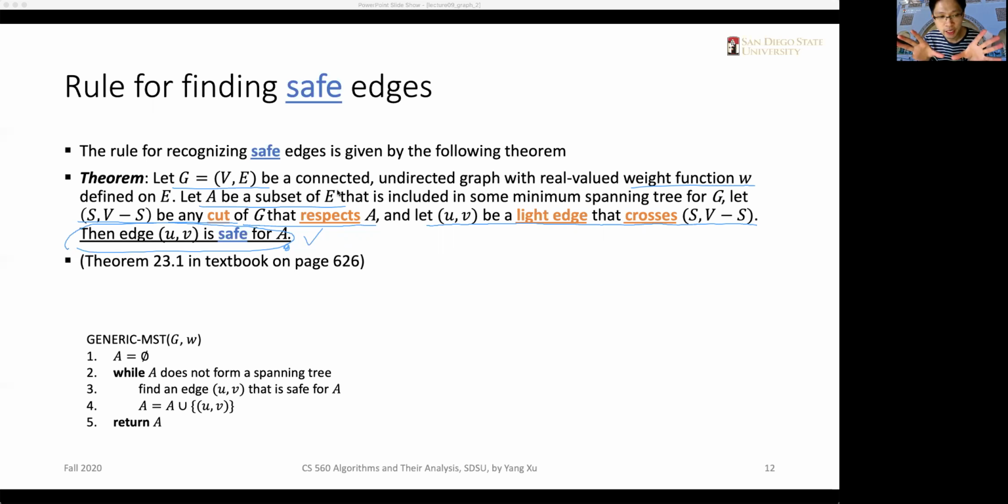And because each time the algorithm tells us that before A becomes a minimum spanning tree, we need to take a safe edge, right?